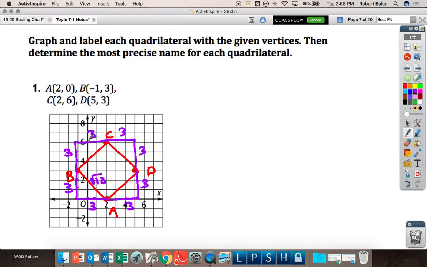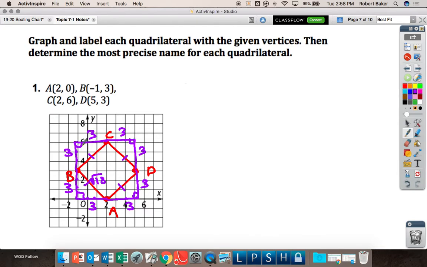So it's a rhombus. I know for a fact that this piece, this piece, this piece, and this piece are congruent. But do you really know why? Because they're each hitting the midpoint. So what kind of triangles are these? Right triangles.